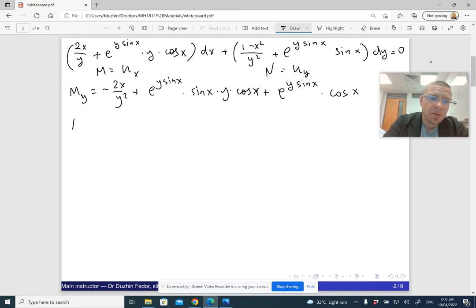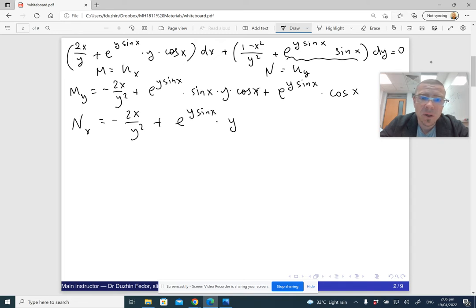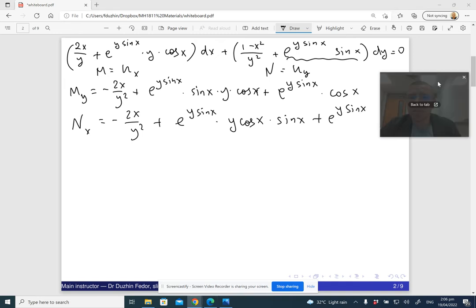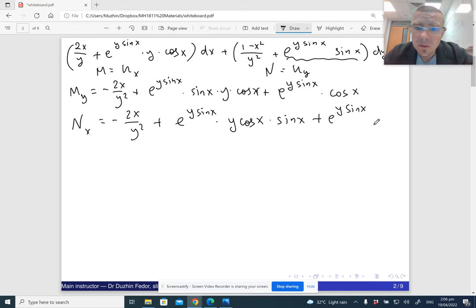Okay, that's it. So now N, the derivative of N with respect to x. 1 over y squared differentiated with respect to x is just 0, so minus 2x over y squared plus, now I've got to differentiate this whole thing with respect to x, and this is going to be like e to the y sine x times y cosine x times sine x plus e to the y sine x times cosine x.